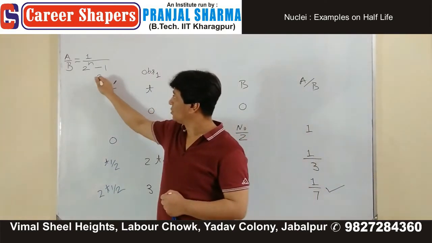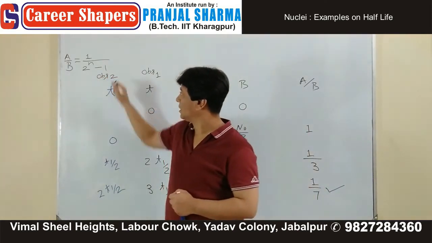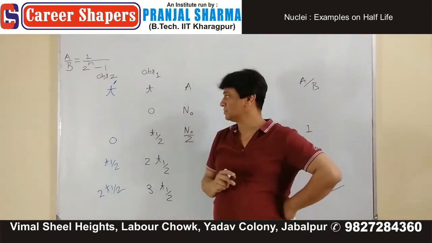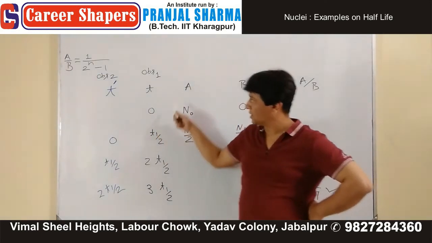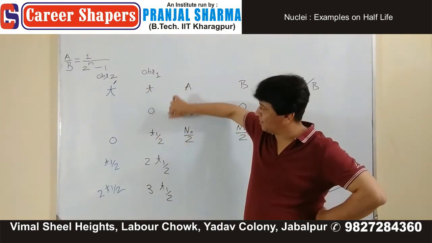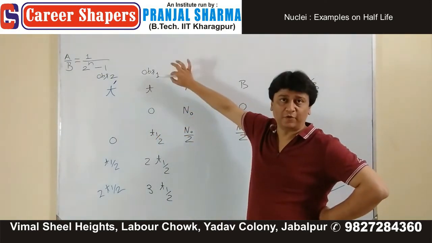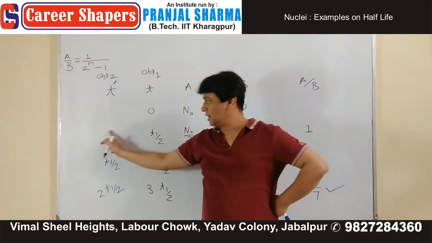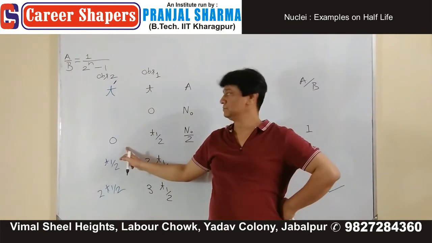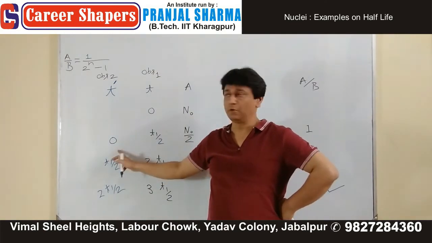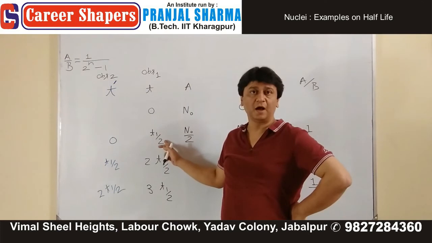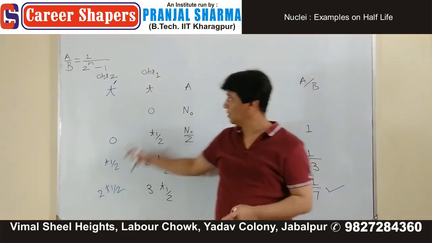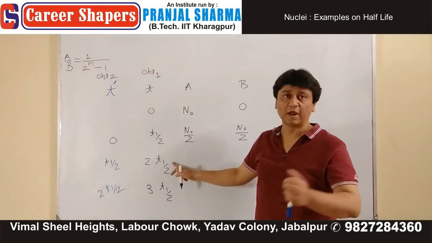For observer 2, when he counts time, he uses T dash. After T half time for the first observer, this second observer starts his watch. So for him, this is 0. For him, this is T half. For him, this is 1 T half. But for him, this is 2 T halves.